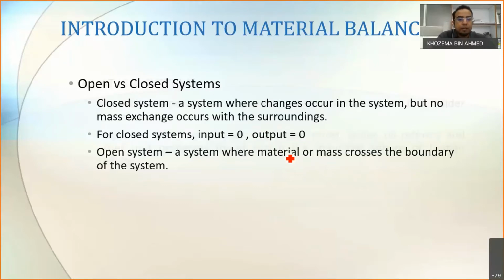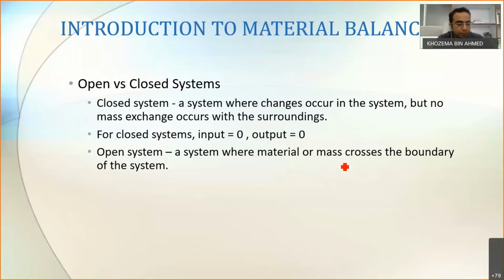And system can be open or closed. A closed system is a system where changes occur in the system, but no mass exchange occurs with the surrounding. So if you have a system, you'll have a surrounding.